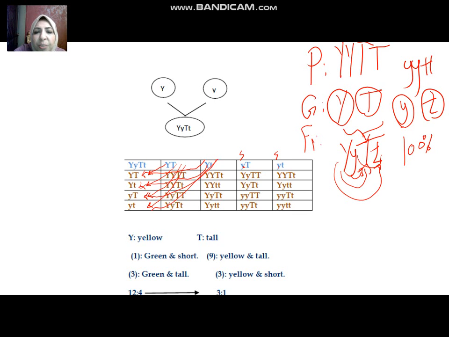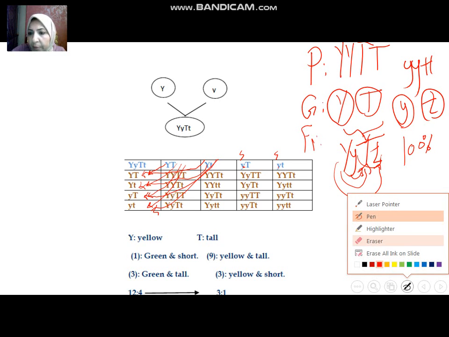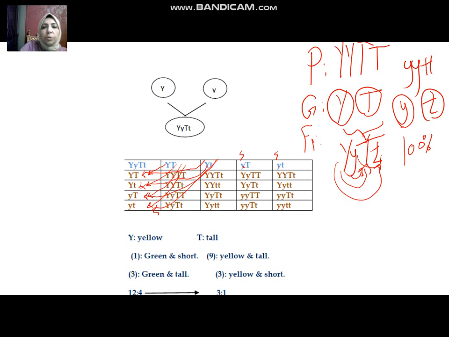And this with the last one, Y capital, Y small, T small, T small. And so on. We will complete the table like this, to make a good appearance for the table.